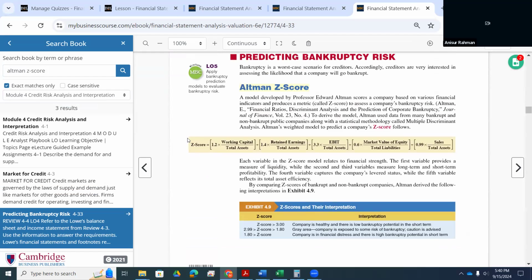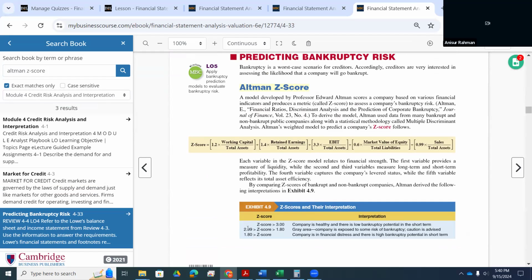So this is how to calculate the Altman Z-score. It is used in predicting the bankruptcy of a company.